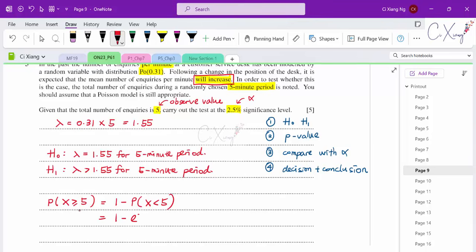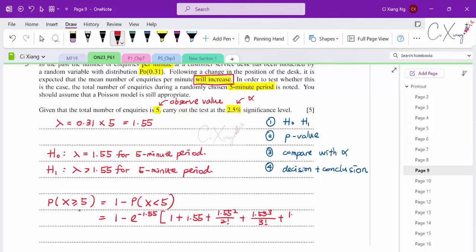So how do we calculate the probability for x smaller than 5? It will be e to the negative lambda, times: for x equals 0, the first term, it is always a 1. For x equals 1, the second term, it is always lambda. Then x equals 2 will be lambda squared divided by 2 factorial. Then x equals 3 is lambda cubed divided by 3 factorial.